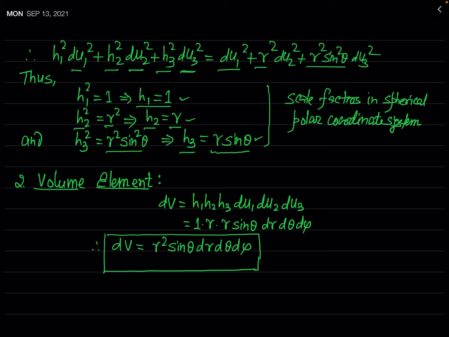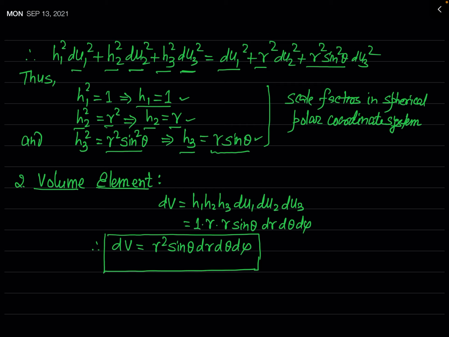For these calculations, you must remember the results of the previous lectures. For your convenience, I have always mentioned the results of the previous lecture, and then we will apply the result in the case of a spherical polar coordinate system.